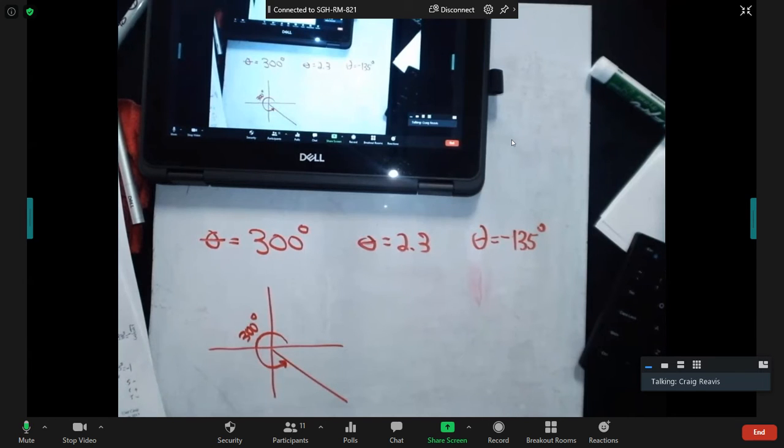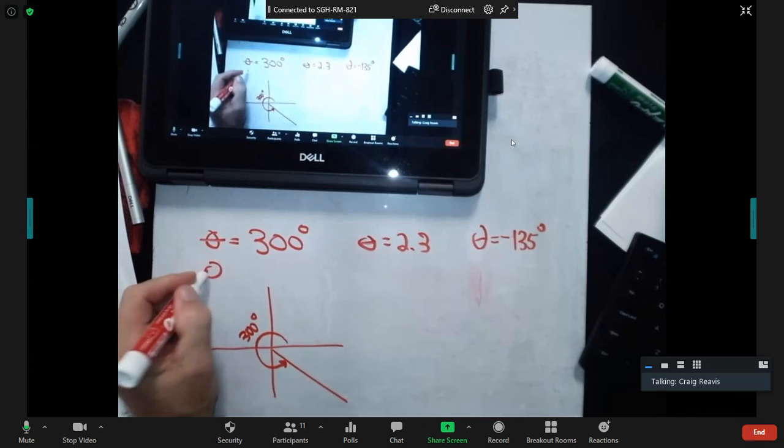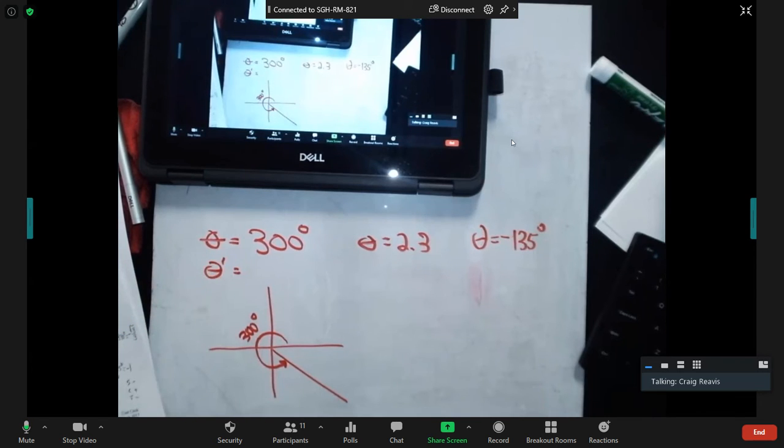So all they want to know is what's the reference angle? What's the theta prime? So remember what we said. If it's in quadrant 4, we subtract it from 360 degrees, right? So 360, so that means there's 60 degrees left right here. So that means my reference angle is 60 degrees. Easy enough.